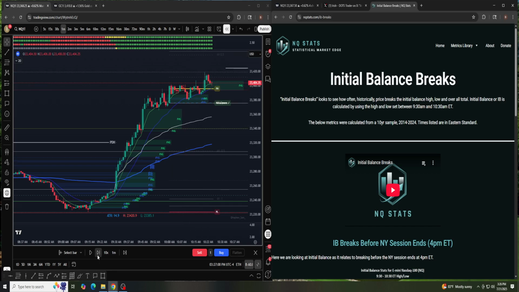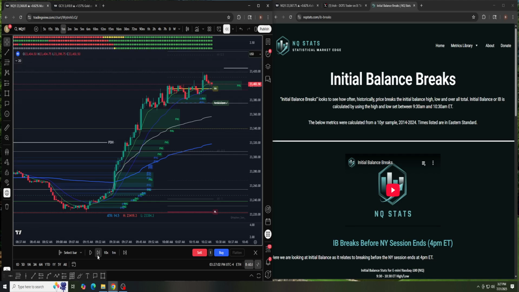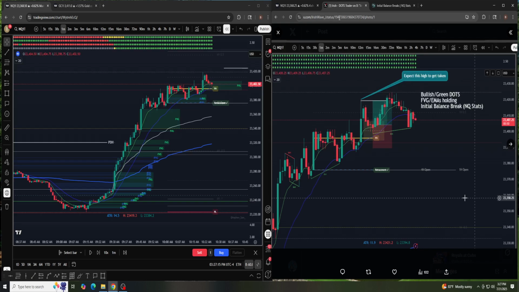So basically, I was looking for a long setup going into 10:30 to take out this high. I realized that given this entire move that this was a small target, but I just want a little piece, and then size accordingly and be on with my day.